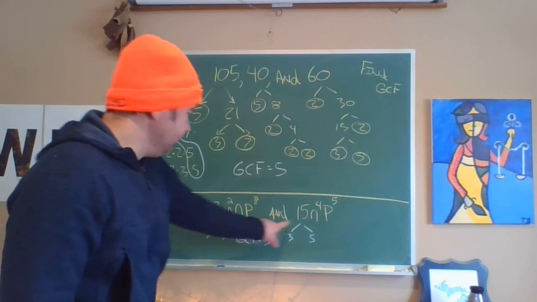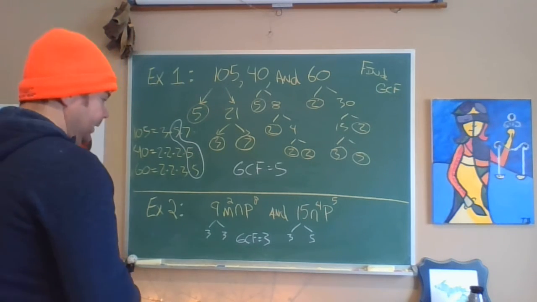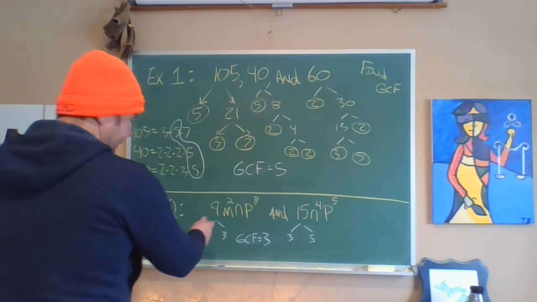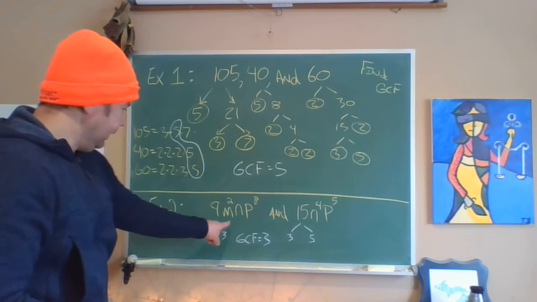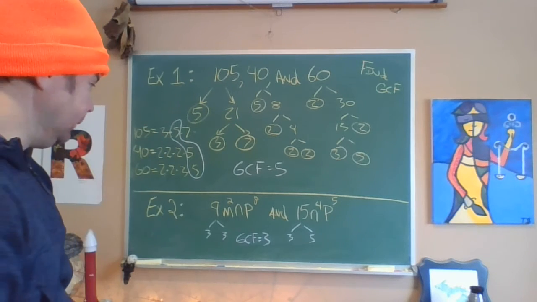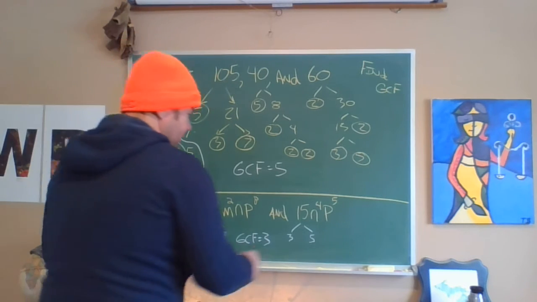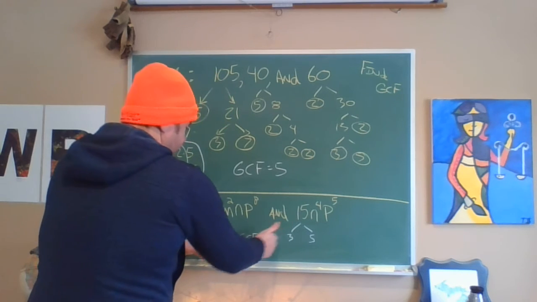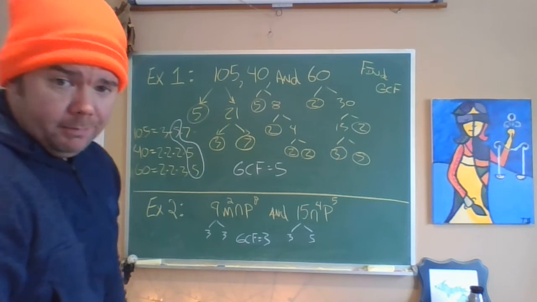The GCF of 9 and 15. Next, I'm on to the variable parts. Here I have an m to the 2nd power, but there I don't have any m's at all. There are no m's that are a factor in this expression. So there is going to be no m factor in my greatest common factor.